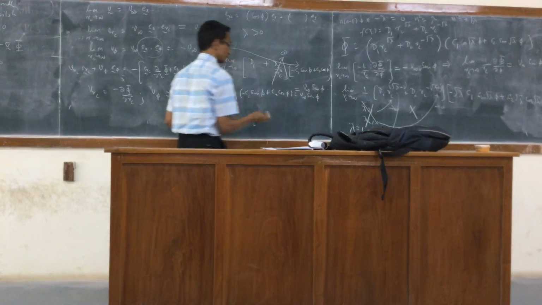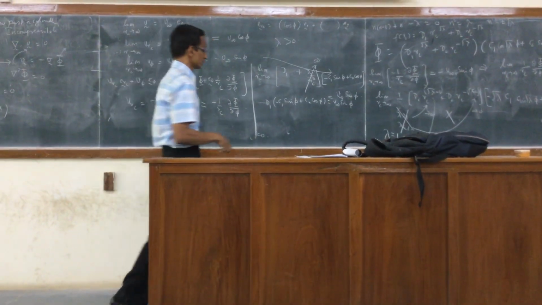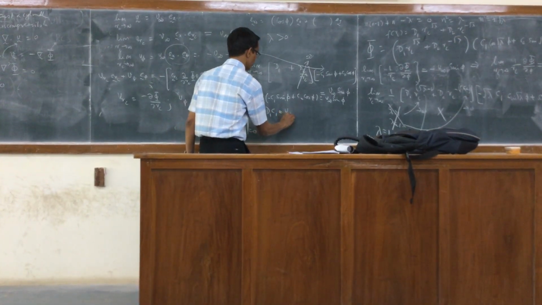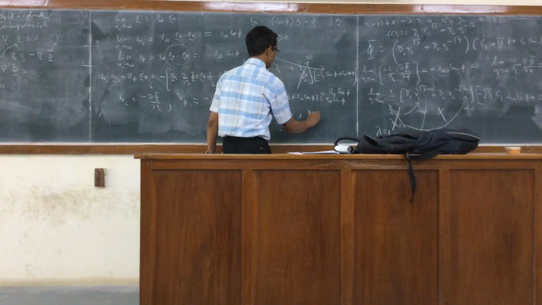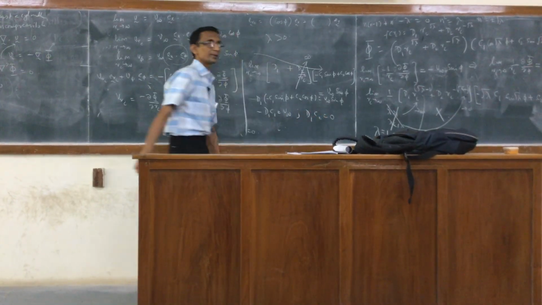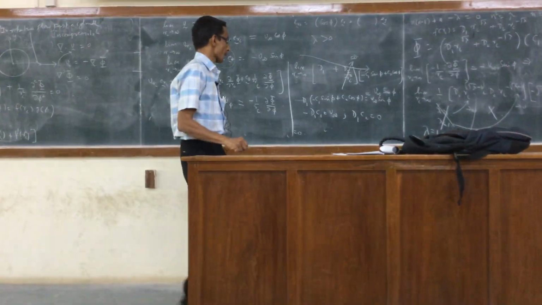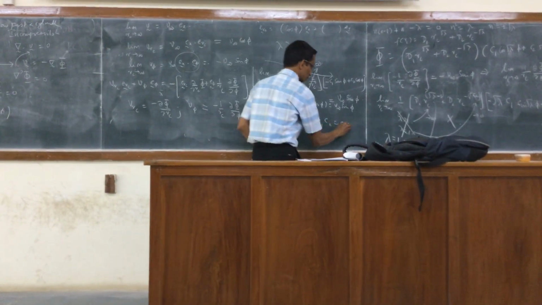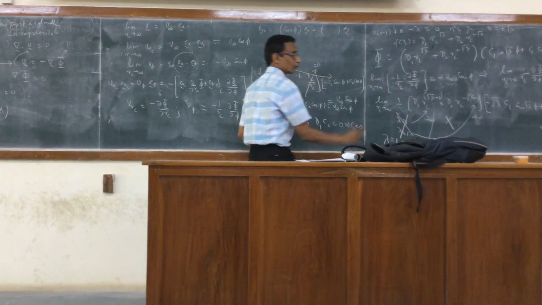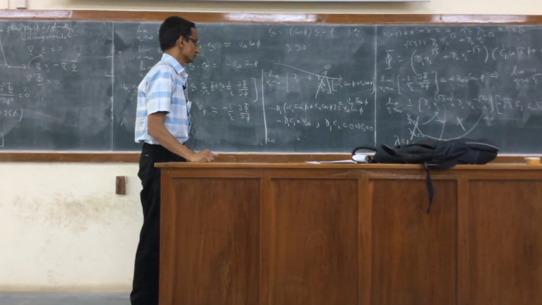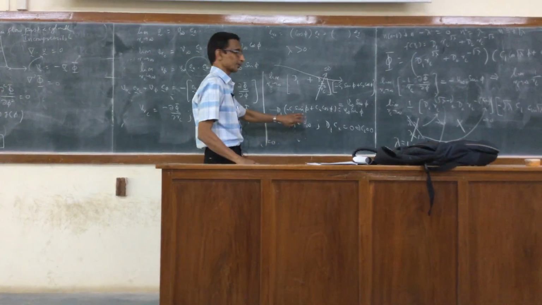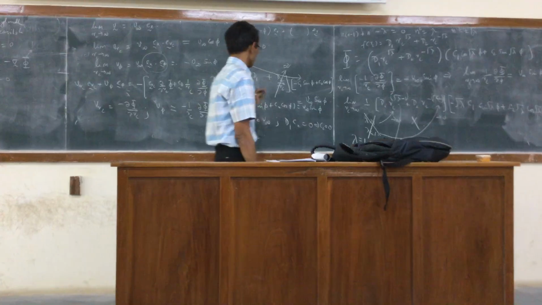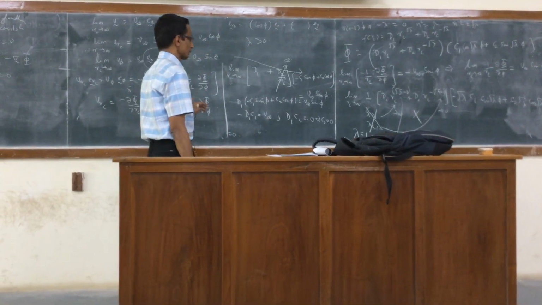Since sin phi and cos phi are two independent functions, I can easily conclude that minus d1 c1 is b infinity, and d1 c2 actually has to be 0. Clearly d1 cannot be 0, so I conclude that c2 actually has to be 0, and then d1 c1 is minus b infinity. We have only the group of terms d1 times c1, but that's all that is necessary to finally construct the solution.